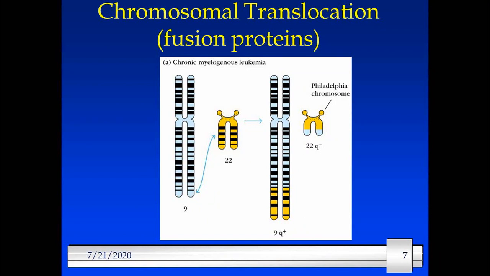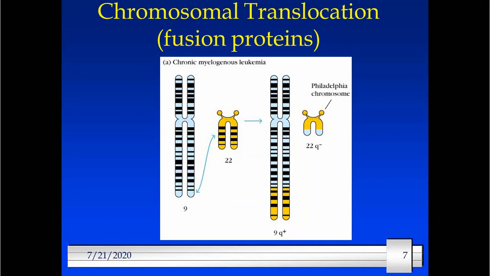Here we have chromosomal translocation. This is an example of a tumor specific antigen, which, as we said, is represented by a certain mutation leading to a genetic disruption, and this genetic disruption is specific for that tumor.